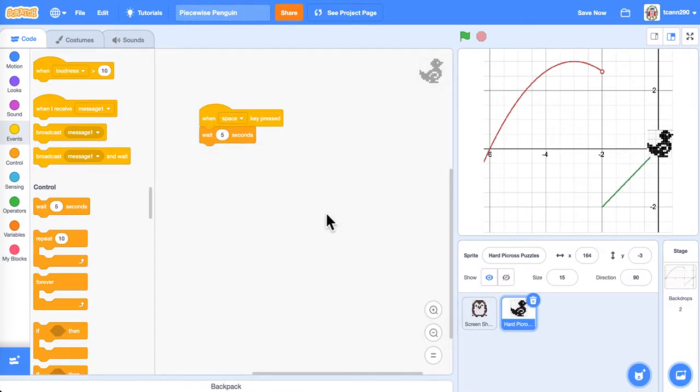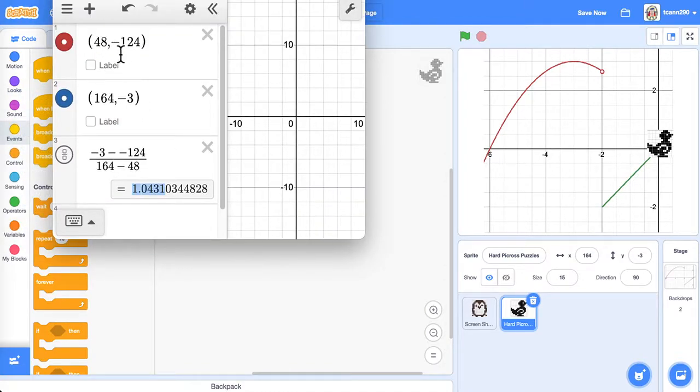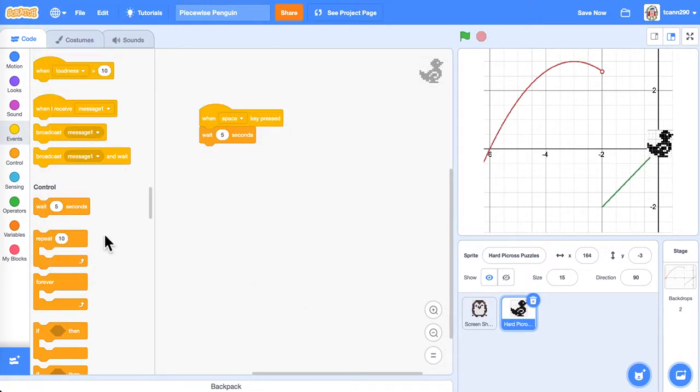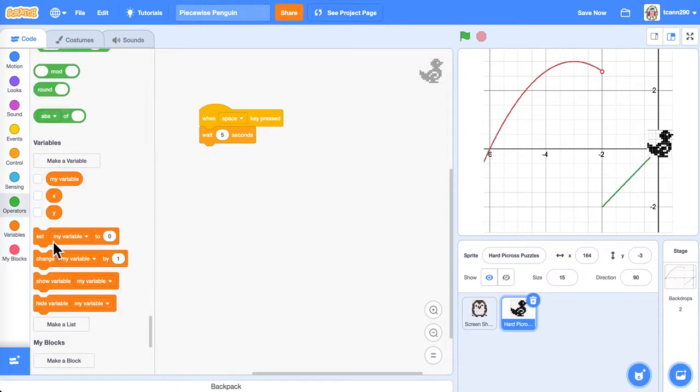And so I need it to go back to its initial position, which would be at 48. I could type it in and verify it, but I don't really need to. So 48 is where I want my x value to start. I have x, I have y, so I'm going to set my variable x to 48.